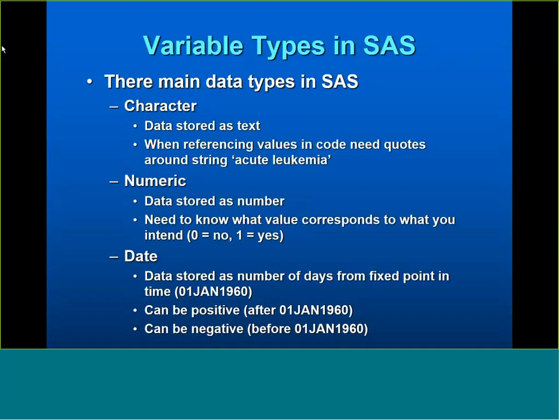But if you have a whole list of diagnoses, for example, you would have to know what 1 means, you'd have to know what 3 means, you'd have to know what 6 means. And so in some ways, using numeric variables takes a little bit more work, in the sense that you really do need to keep a map, if you will, of what all the values actually mean. And towards the end of today's talk, we'll talk about format statements, which will help you do that.